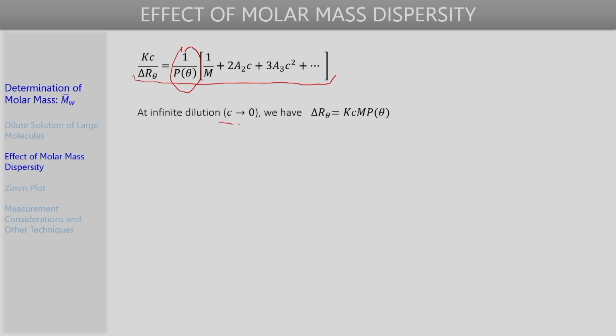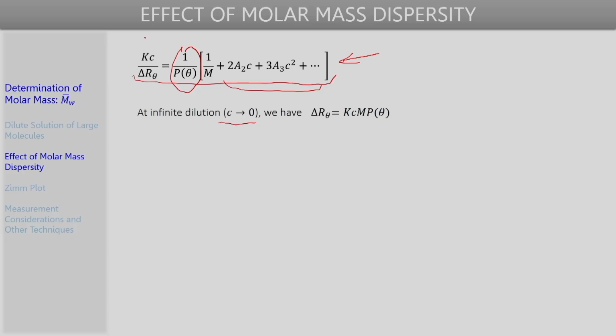In that limit, when c tends to 0, in this expression the second term onwards, all those terms will drop out because they contain c, and as c tends to 0 they become negligible. We will be left with just these terms.